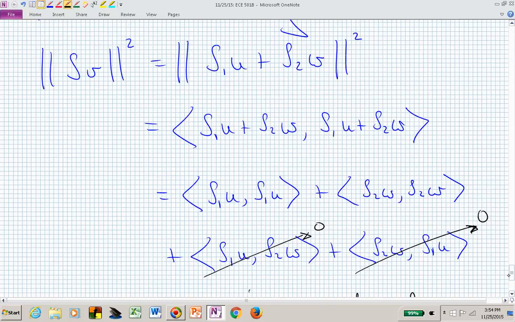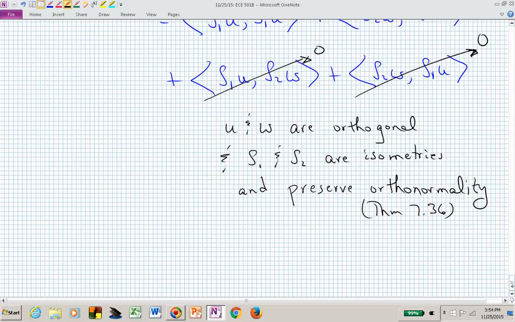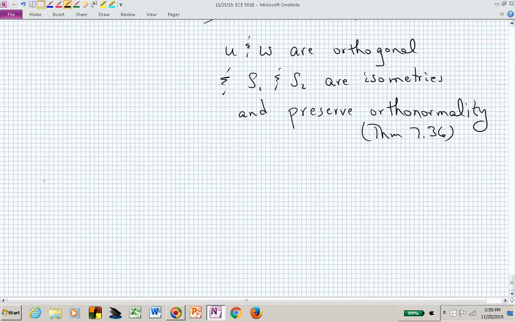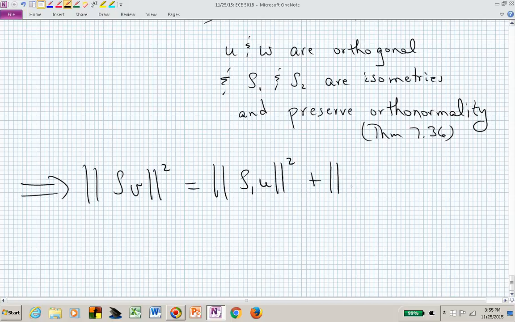Now we have the norm squared of SV equaling the right-hand side, which is really just the norm of S1U squared plus the norm of S2W squared. What we've now shown is that SV squared, that norm, is equal to the norm of S1U squared plus the norm of S2W squared.